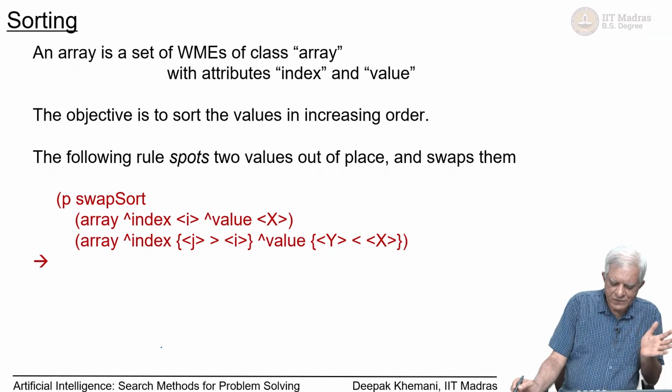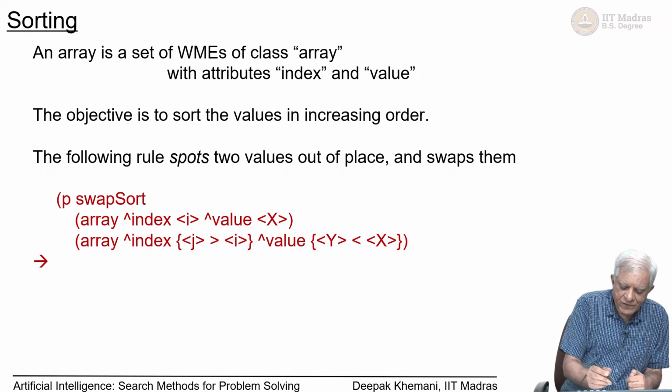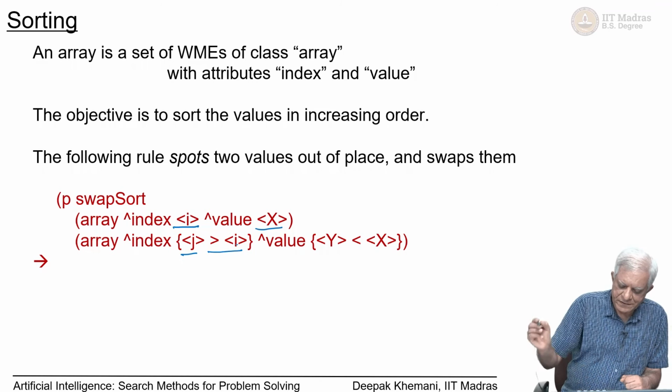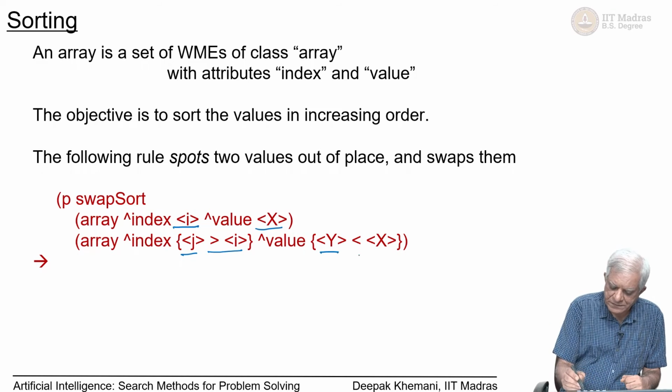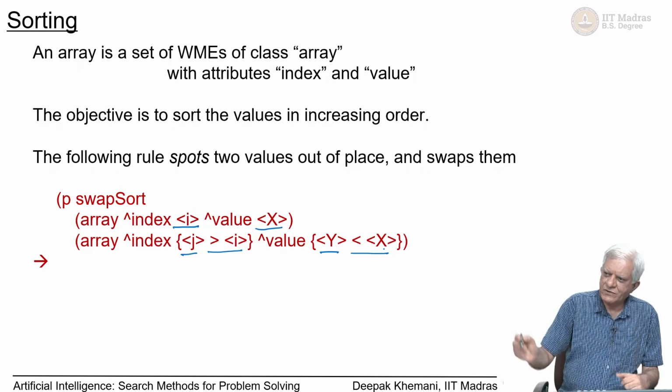And there is a simple rule which, as you can see, is very similar to what we did earlier. What are we saying here? We are saying that for some index I, if the value is x, and if for another index j which is greater than I, the value is y which is less than the value x.